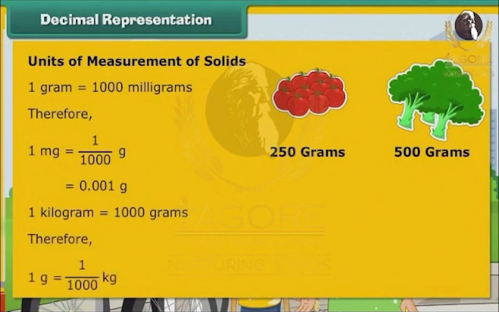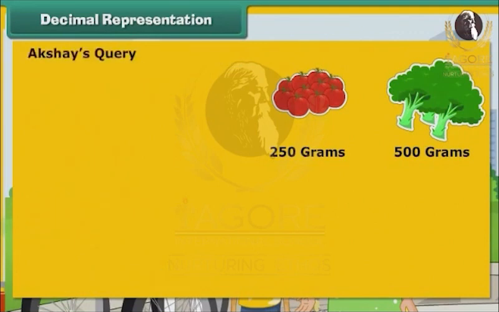1 kilogram is equal to 1000 grams. Therefore, 1 gram is equal to 1 by 1000 kg. That is equal to 0.001 kg. Let us now express the vegetables Akshay's mother purchased as kilograms. 250 gram is equal to 250 by 1000 kg.